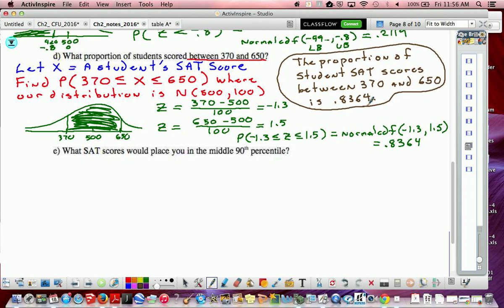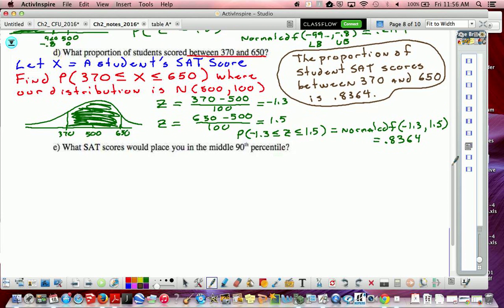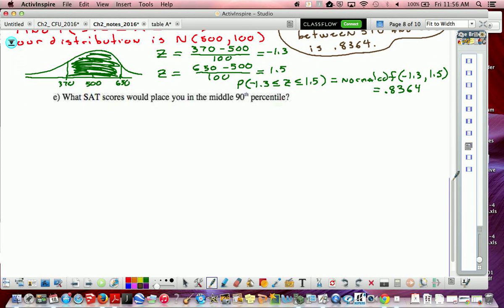Question E is one where, as we saw in yesterday's notes, you sometimes have to work backwards to get your answer. So in E it says, what SAT scores would place you in the middle 90th percentile? We'll still do the steps, but what we're finding is a little bit different. We're still going to let X equal a student's SAT score.